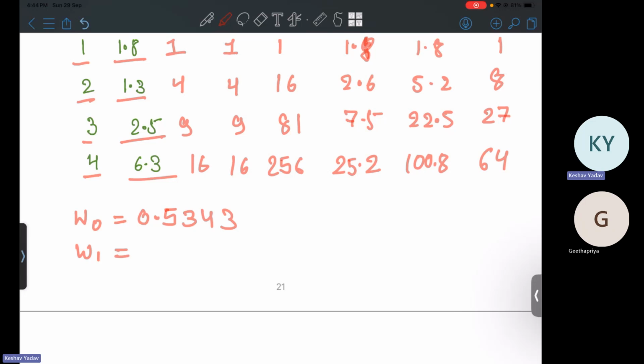W1 we will get minus 0.2986, and W2 will be equal to 0.4071. Okay, these are the values we will get. Please note down these values and try to verify them, not now, at your home, after this meeting.